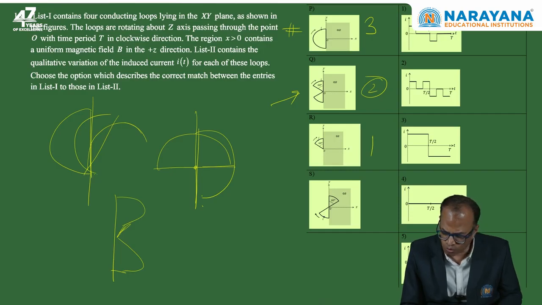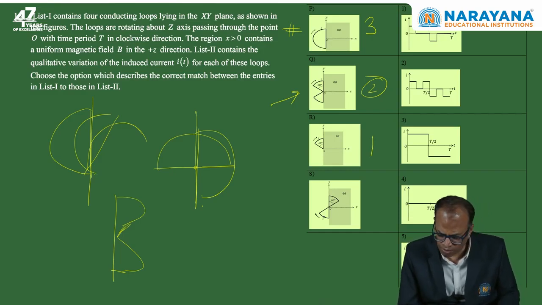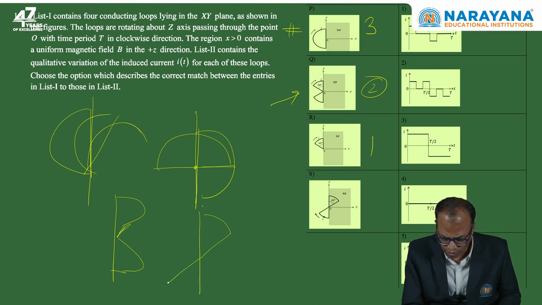S must be 4 because of the options that I have in front of me, but still we can verify it. In option S, you can see that right now when it is moving, there is no change in flux. So as it goes like this, and it goes like this, there is no change in flux.